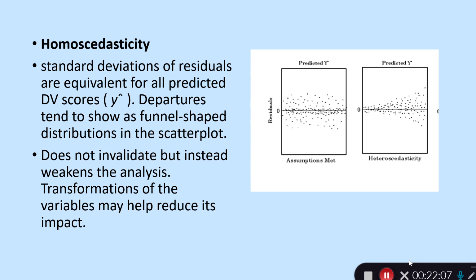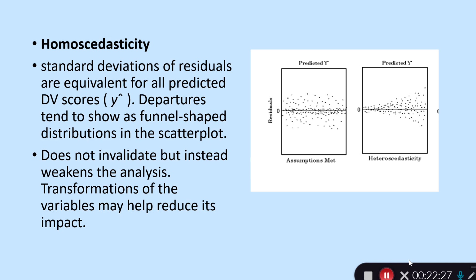Departures from this assumption tend to be funnel shaped. So if you have this sort of pattern in your data, it doesn't invalidate the analysis, but it weakens the analysis. And transforming your variables may help again. Okay, so looking at that image, you can see the same sort of thing. Nice symmetric distribution.